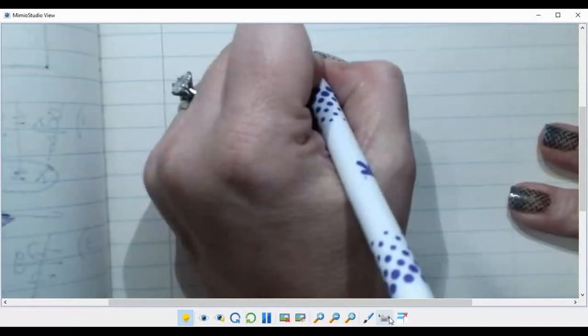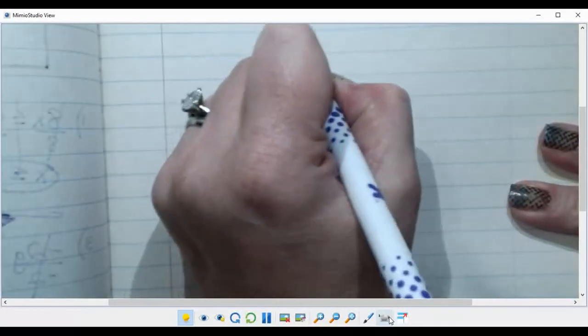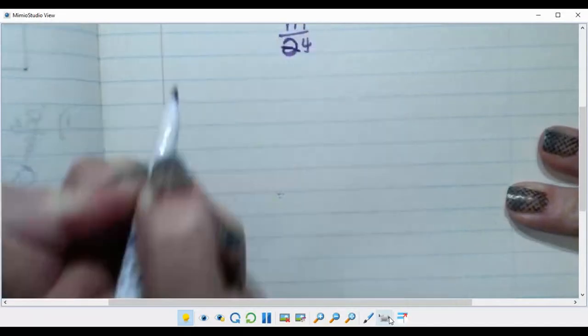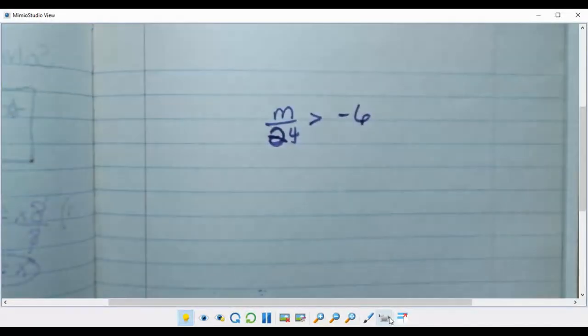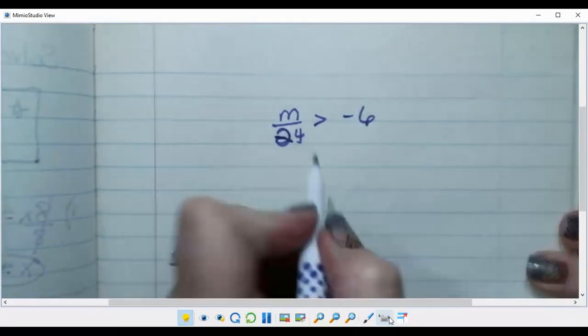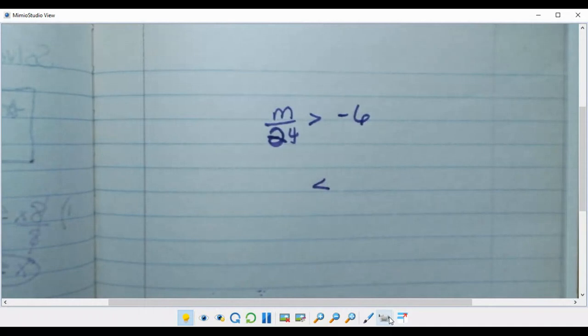Let's say that I had m divided by 2, believe it or not, that's a 2, is greater than -6. My question for you, would the symbol flip? When I was all done and I was finishing up getting my answer, would I switch to that?